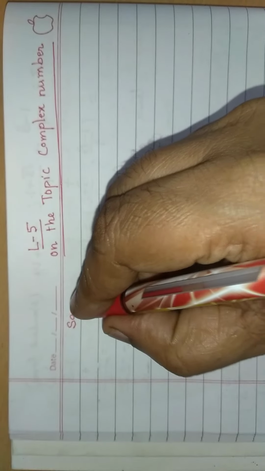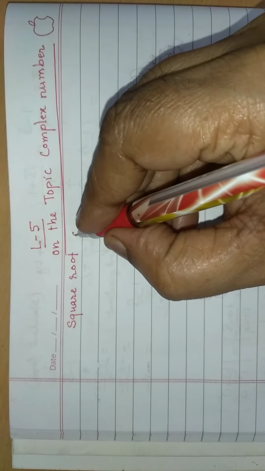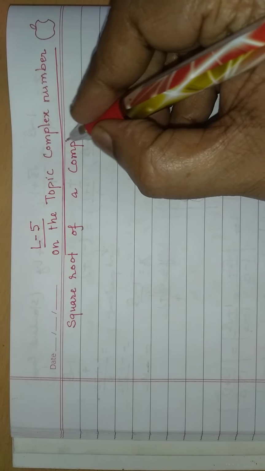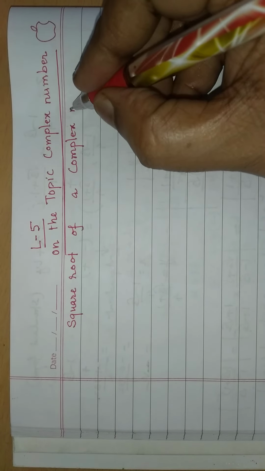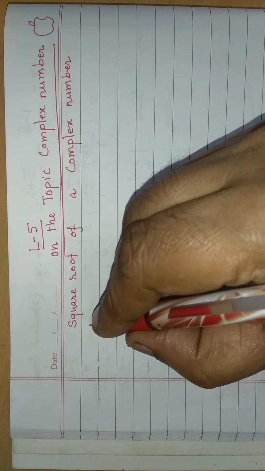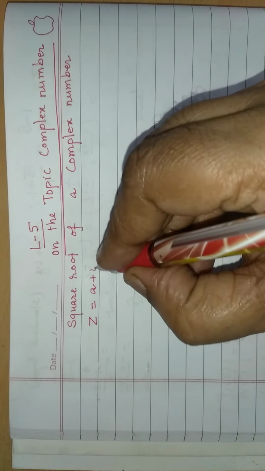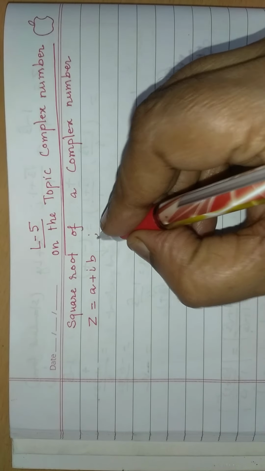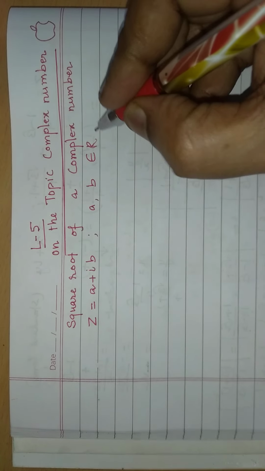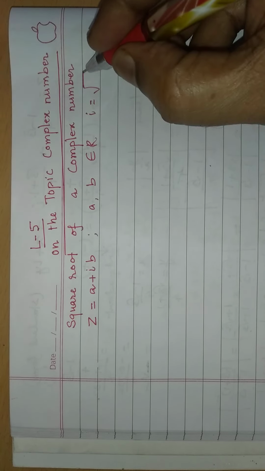Today we will discuss the square root of a complex number, or how to find the square root of a complex number. Suppose the complex number is z, which is a plus ib, where a and b belong to the real numbers and iota i is equal to root under minus 1.